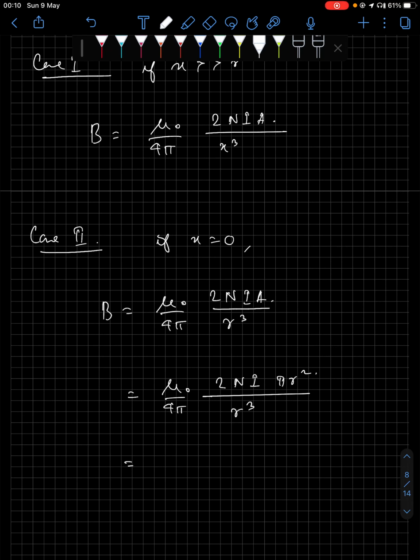So mu naught by 2 survives over here. So this is like mu naught nI divided by twice r. And if n equals 1, number of turn is 1, then B equal to mu naught I divided by twice r. So this is the relation for a magnetic field at the center of the loop.